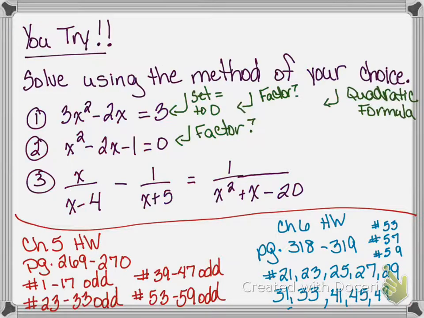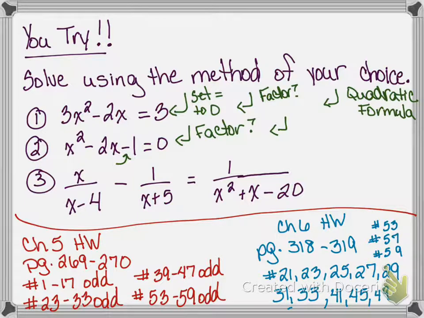We don't have plus 1. What do we have? We have -1. So can this be factored? No, it can't, and it's because of that -1. So be careful there. You could use either method here.